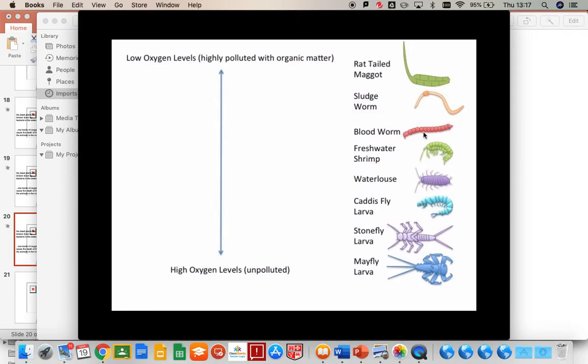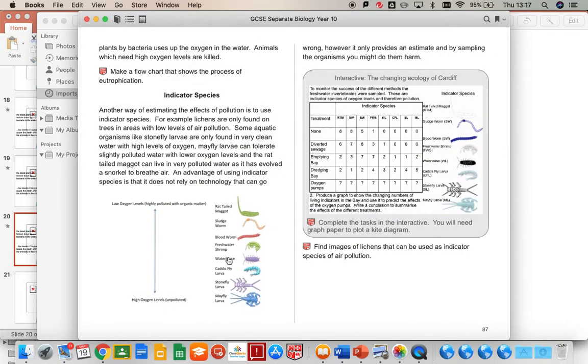We have the bloodworm, which has lots of hemoglobin, so it's really good at getting what oxygen there is. So these can survive when there's lots of pollution. However, animals like the stonefly larvae and the mayfly larvae require very high levels of oxygen, so if you find them, that means that your stream or river is very unpolluted.